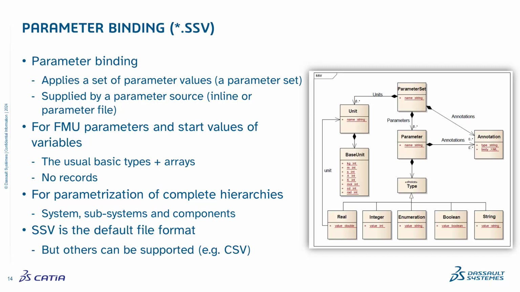And SSP, like FMI, supports the basic types and array constructs, but there is no record. SSV files can parameterize complete hierarchies of systems and subsystems by using a dot name convention. SSV is an XML file, which is the default, but it's common that tools support other file formats, for example, CSV files.